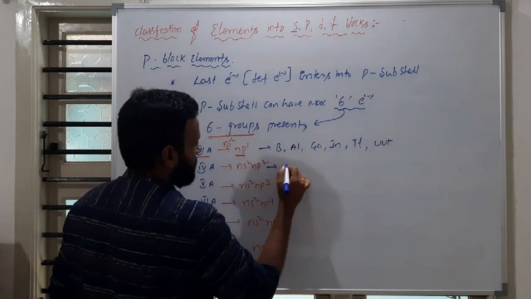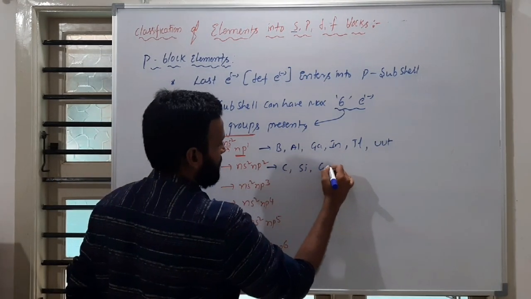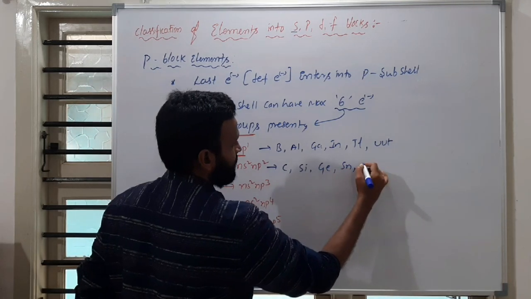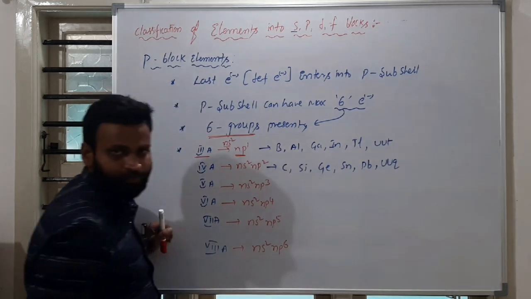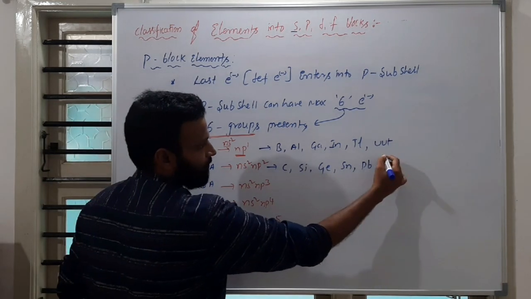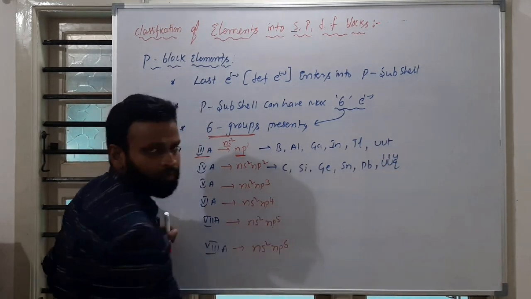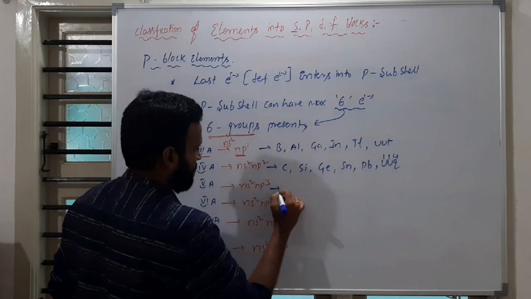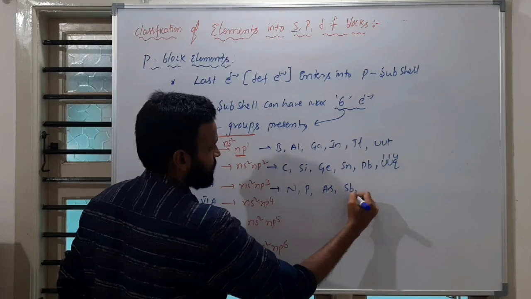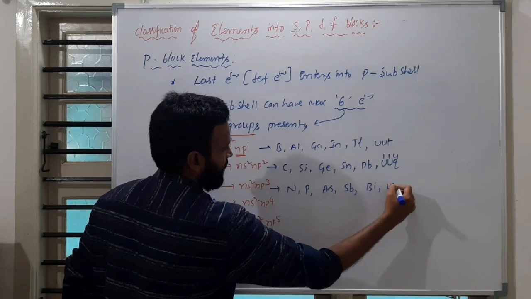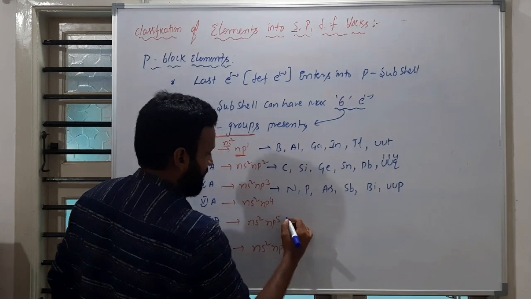And 4th A group elements carbon, silicon, germanium, tin, lead, Pb, plumbum and ununquadium 114.